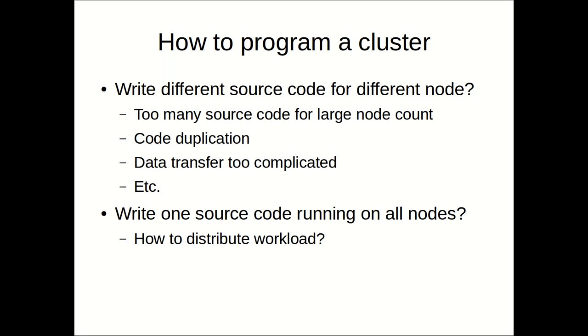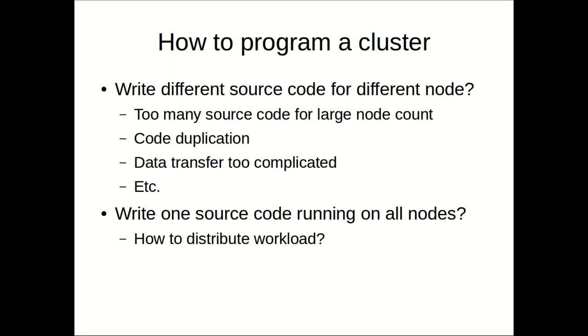First of all, if you just have a very small cluster with a few nodes, writing separate source code for each node is not too big a problem. But in practice, in reality, many of those big simulation programs actually run on huge clusters. Those supercomputers have millions and millions of computing nodes.